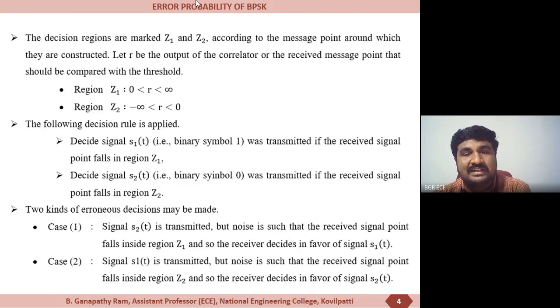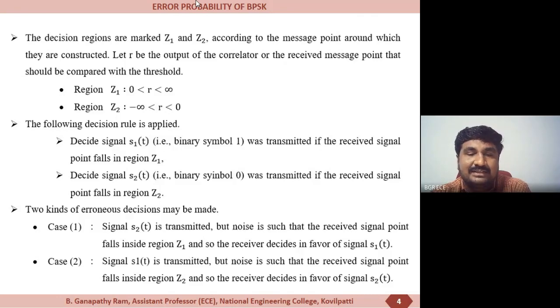There are two erroneous conditions that may occur in the presence of additive white Gaussian noise at the receiver end. Case 1: the signal corresponding to the binary data 0 is transmitted, but the received signal point is located in region Z1, so the receiver may decide in favor of the binary data 1, considering that S1 of t has been transmitted wrongly.